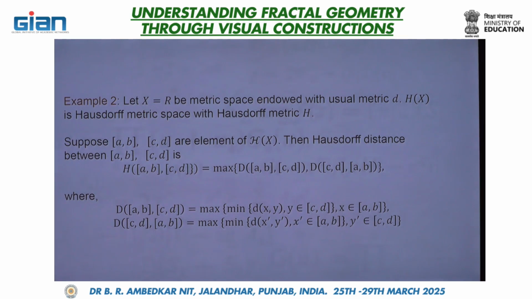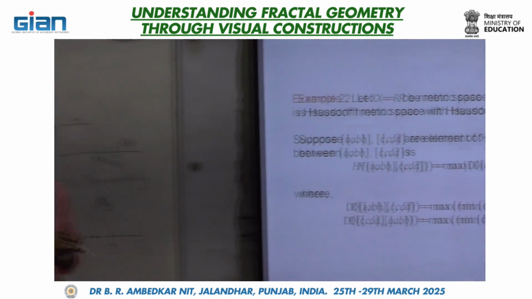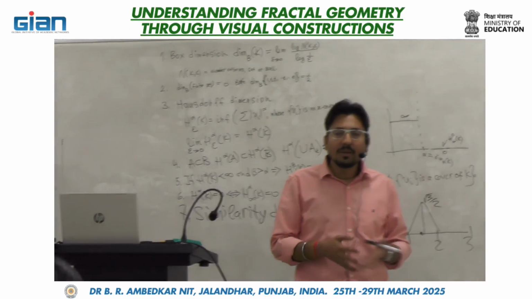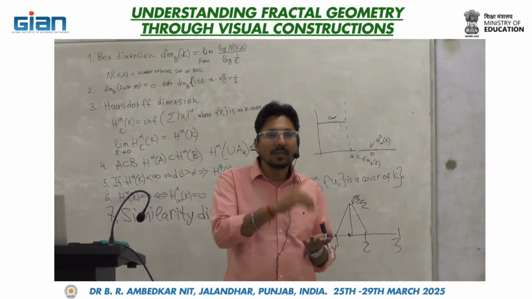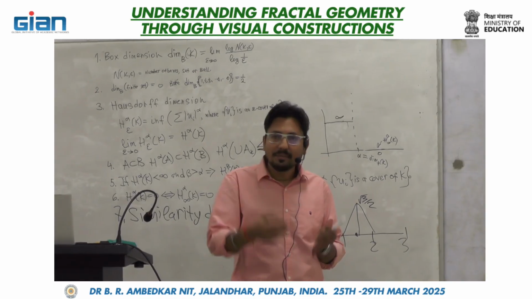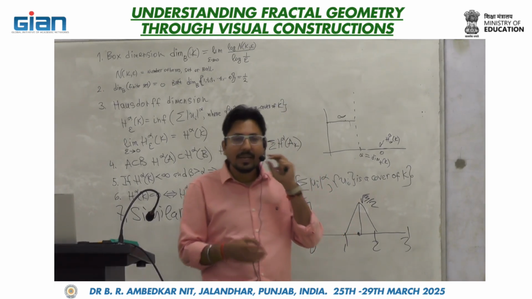We are trying to calculate this, and if you are not able to understand these things, then just take simple examples. Take some closed intervals, 0 comma 1 and another interval 2 comma 3, and see that sometimes they are overlapping, sometimes they are not overlapping, sometimes they are disjoint. Then try to find what will be D of A comma B, what will be D of B comma A, then find H of A comma B and H of B comma A, like that.